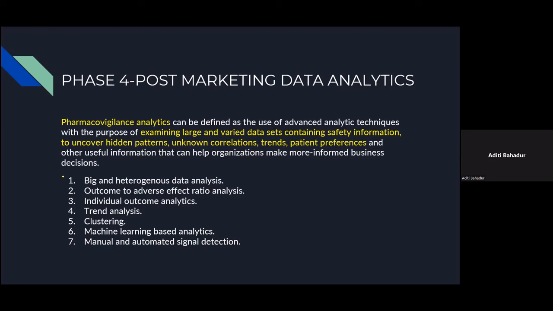It contains safety information, and you can also use machine learning to uncover hidden patterns, unknown correlations, trends, patient preferences, and several other useful information that can help organizations like pharmaceutical companies, health economic companies, contract research organizations or regulatory organizations make more informed decisions.